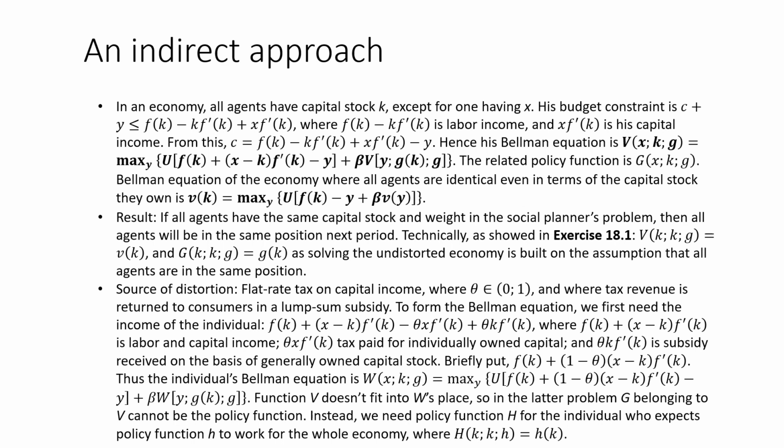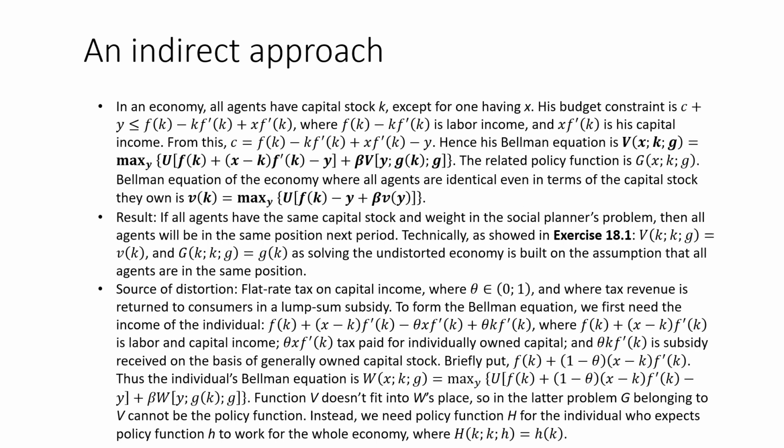In a model economy, all agents have the same capital stock, except for one who has X. His budget constraint is the following, where you can identify his labor income and his capital income, and on this basis we can identify the equation that describes his consumption. So we can easily write his Bellman equation, the Bellman equation of this individual.